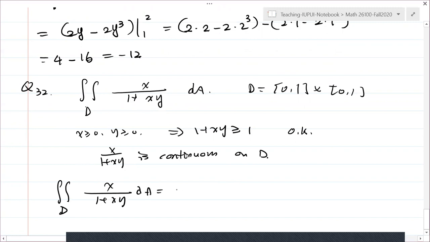So you can use one of the iterative integrals. If you just want to evaluate this double integral, you just use one of the iterative integrals. It's from 0 to 1, and you can say this is with respect to the x variable inside.